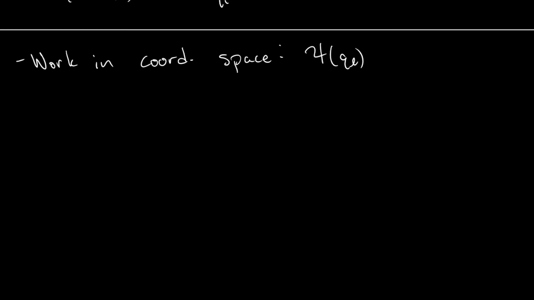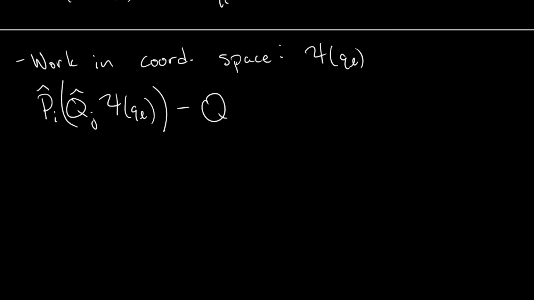Let's look at what happens if we first act on psi of q sub l with a position operator, or coordinate operator, whatever you want to call it, and then I act with a momentum operator. And then I'll flip the story and do the opposite: P hat i acting first. I'm going to do everything in coordinate space because it's straightforward to do. I could do it in momentum space as well, but it doesn't really matter.